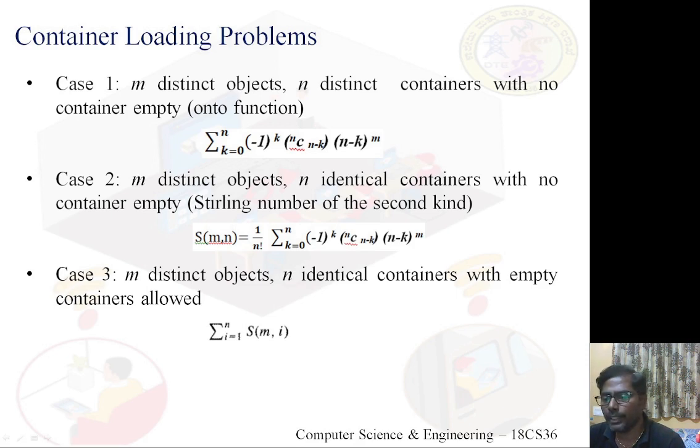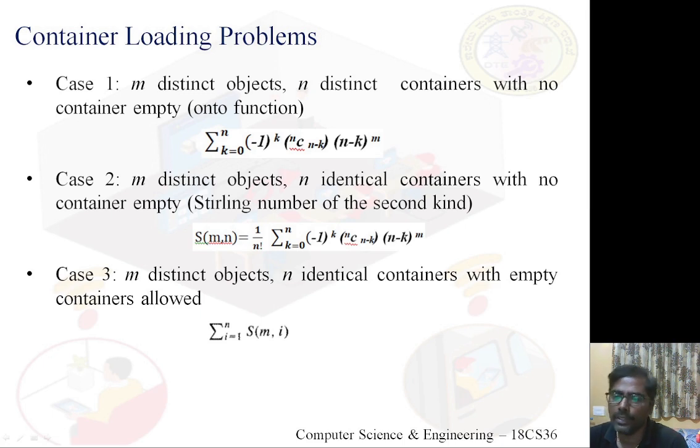When I leave n minus 1 containers empty, it means all m distinct objects are placed into one container. So to be more precise, the summation of case 3 could have been written as summation i equals 1 to n.